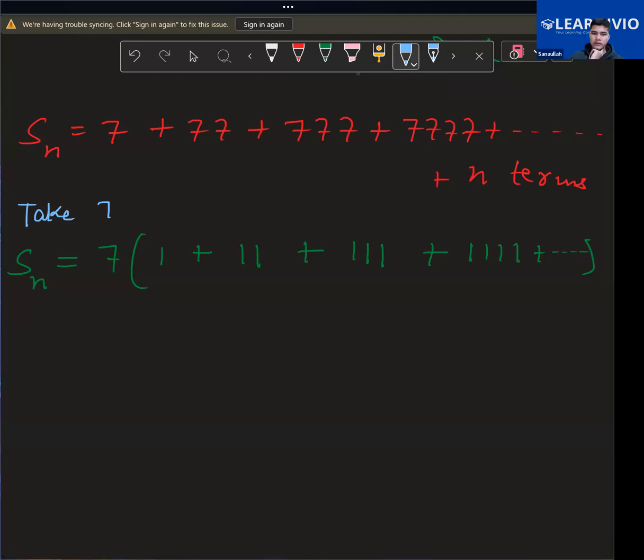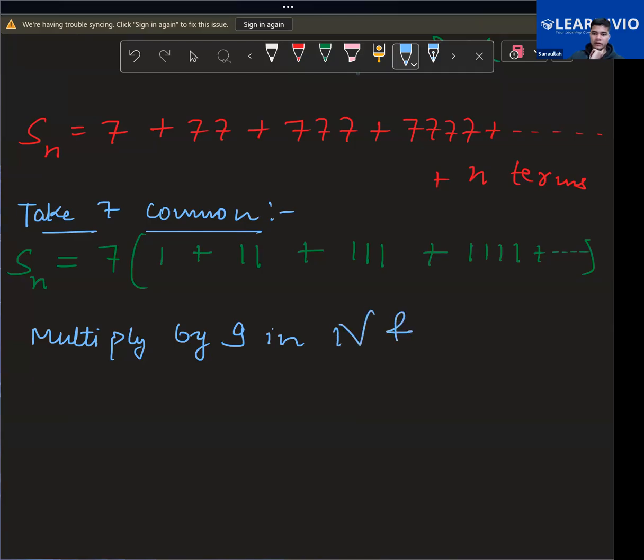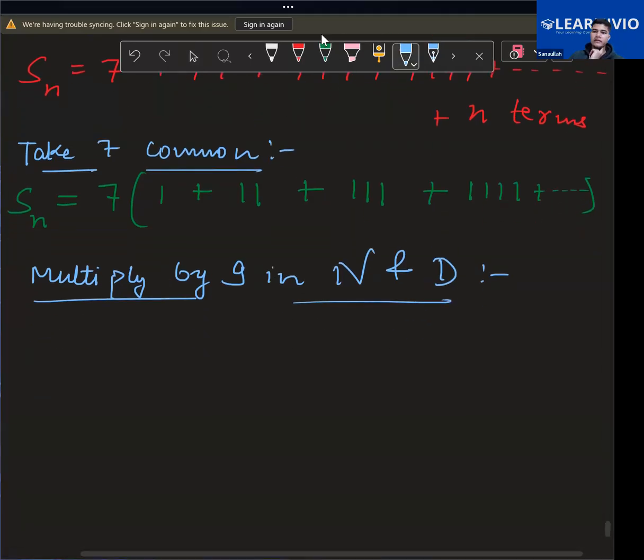In the second step you have to multiply by 9, in the numerator and denominator, I'm writing in short. Got it? So let's multiply by 9.